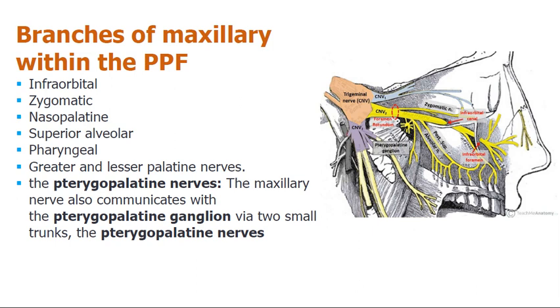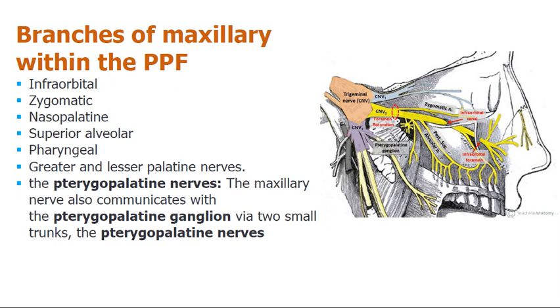And also we have pharyngeal branches, and then we have the greater and lesser palatine nerves also, and also the pterygopalatine nerves. These are branches from the maxillary nerve, and there are two nerves that communicate the main trunk of the maxillary nerve with the pterygopalatine ganglia.